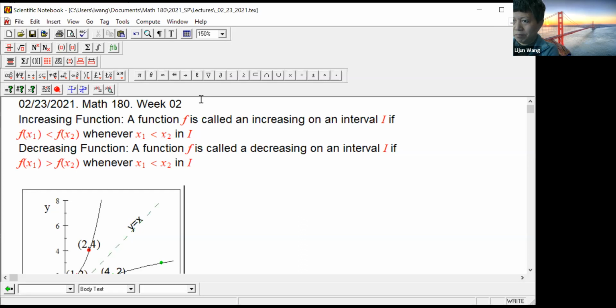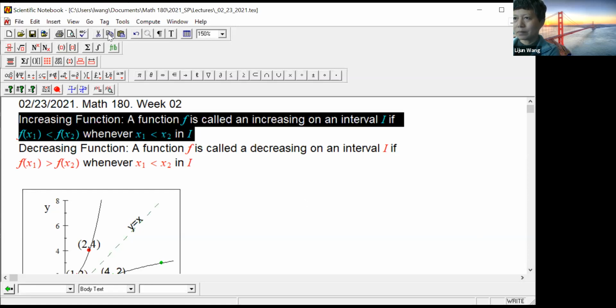Decreasing function. You may also want to recall one-to-one function. These three definitions seem to rhyme in some way. Shall we put the definition of one-to-one function here as well, just for the fun of it?